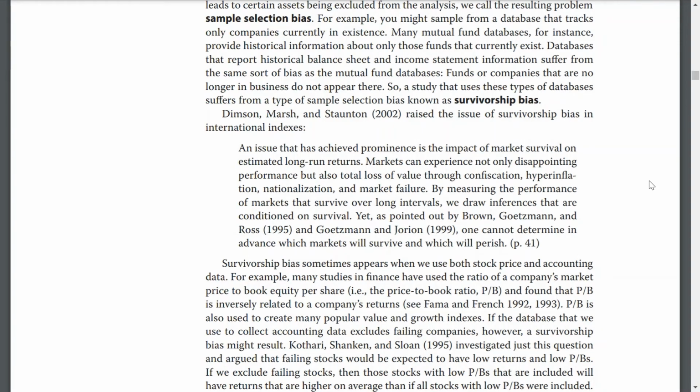Dimson, Marsh, and Staunton 2002 raised the issue of survivorship bias in international indexes, an issue that has achieved prominence in the impact of the market's survival on estimated long-term results. Markets have experienced not only disappointing performance but also total loss of value through confiscation, hyperinflation, nationalization, or market failure.